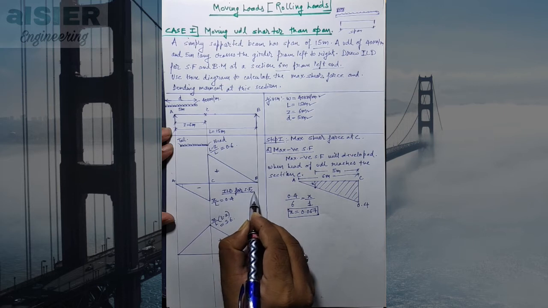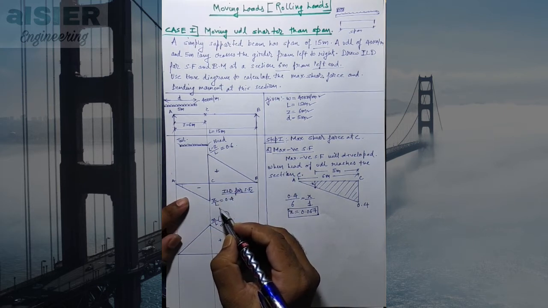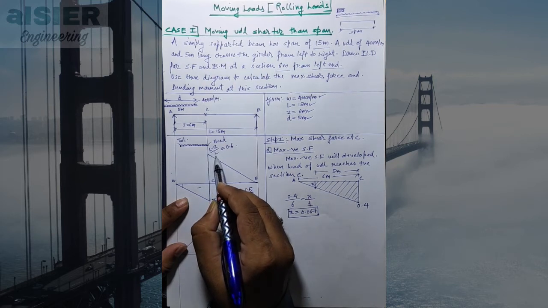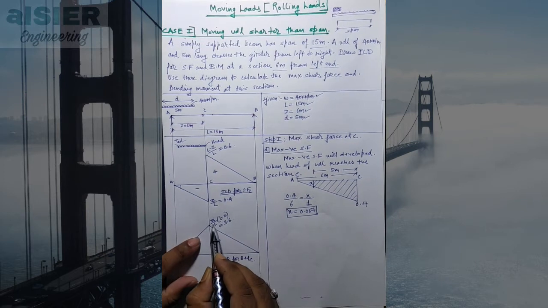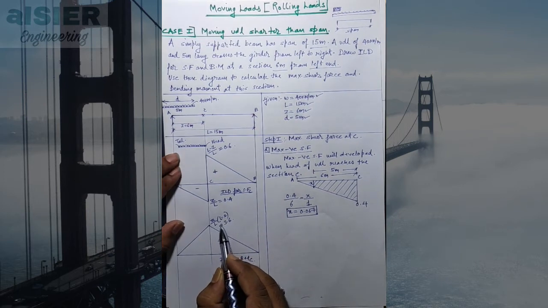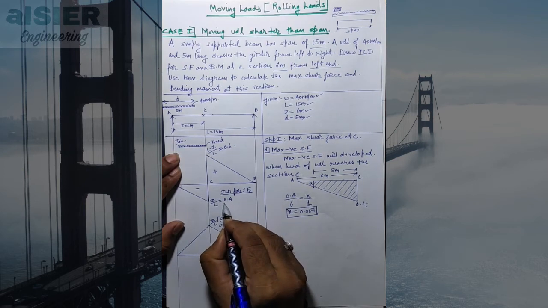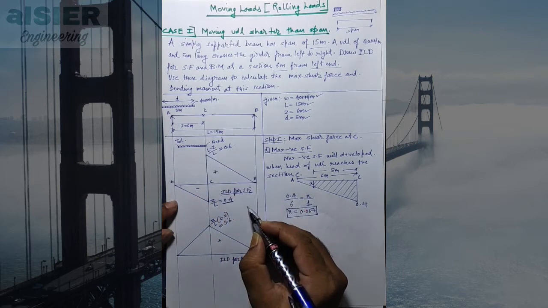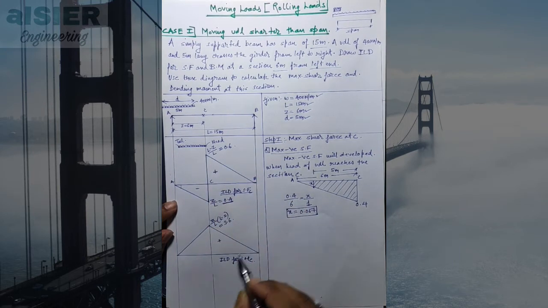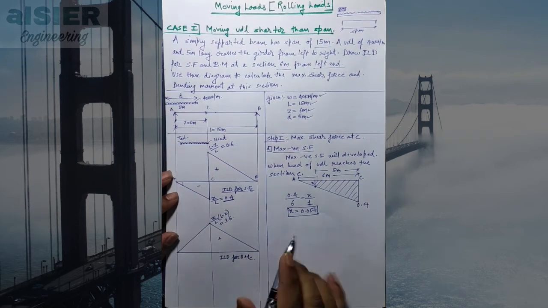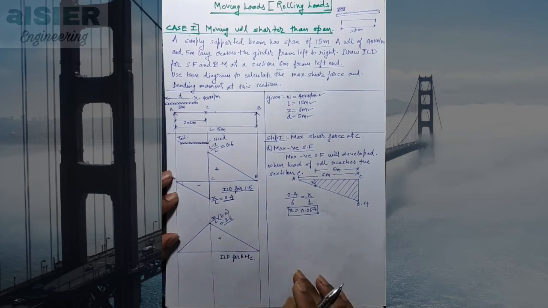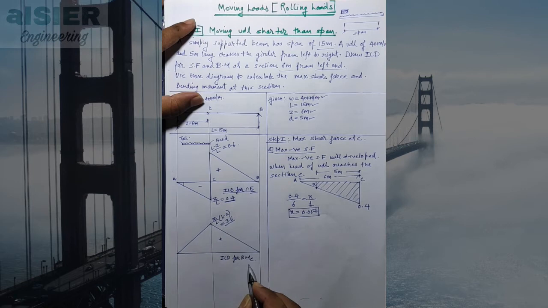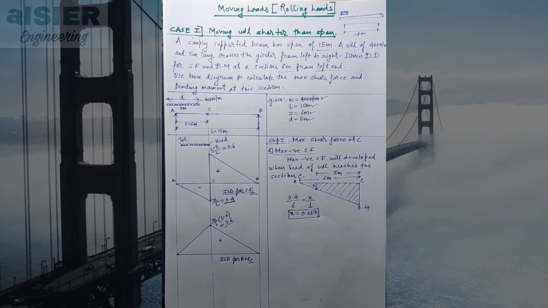So we have already seen that ILD for shear force has formula Z by L, and this ordinate is L minus Z by L, and ILD for bending moment is Z by L in bracket L minus Z. So here we know value of Z and L, and therefore we have calculated that this ordinate is 0.4, this ordinate is 0.6, and this is ILD for shear force. Similarly, this ordinate is 3.6 and this is ILD for bending moment at C. So now we have ILD for shear force at C and ILD for bending moment at C.